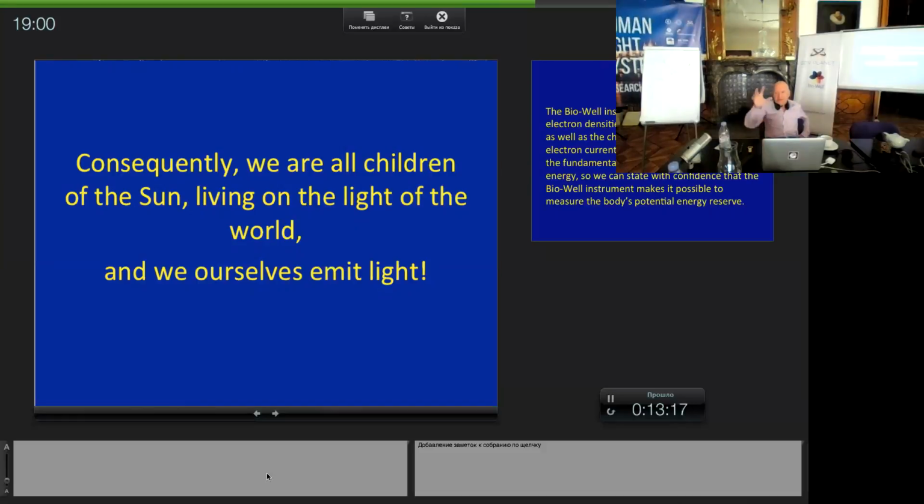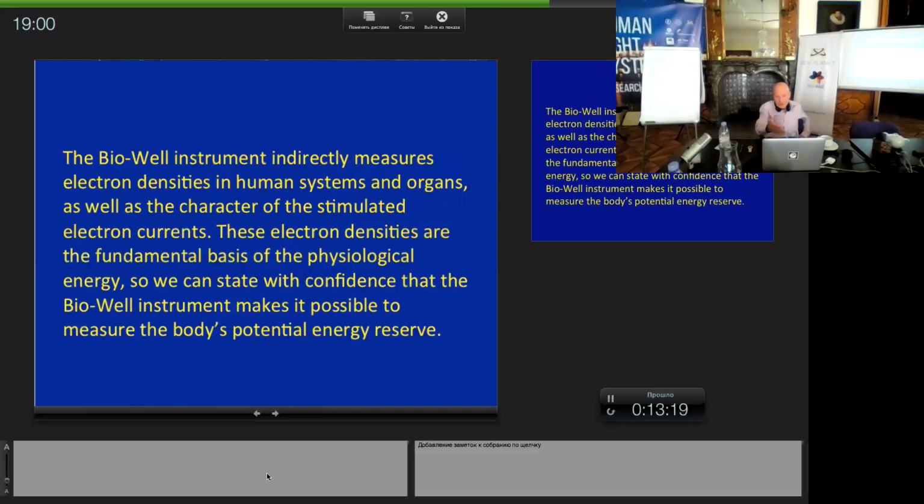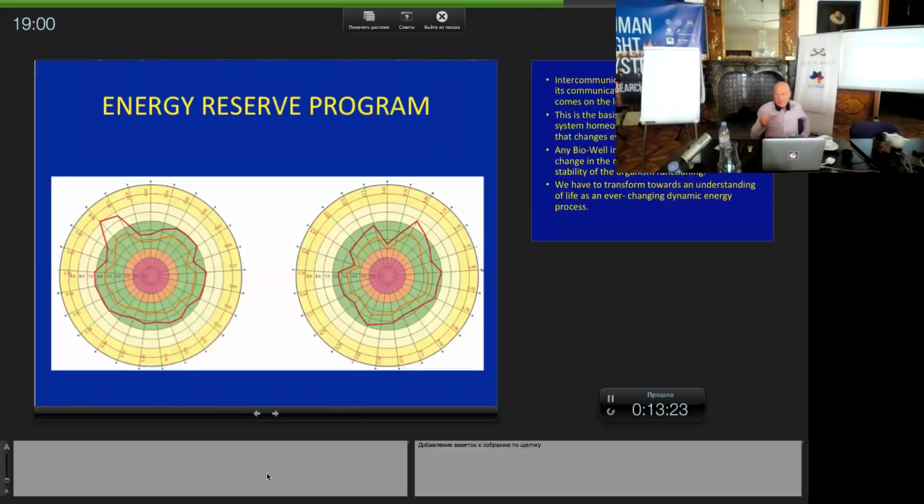So we can measure these biophotons, we can measure with Bio Well. And the energy reserve program is a program that allows us to directly measure the amount of energy that we keep in our cells. That's why, again, I pay attention to this program. That's a very important and very powerful program.